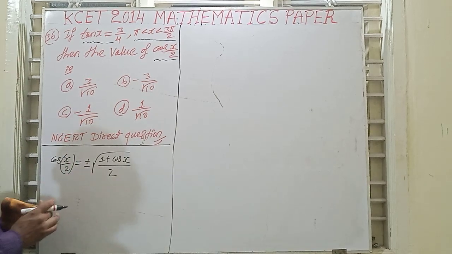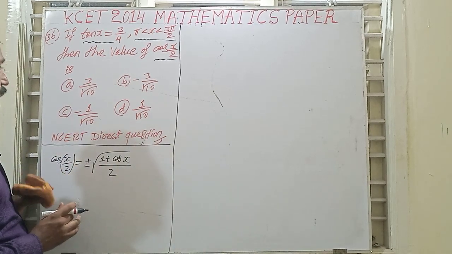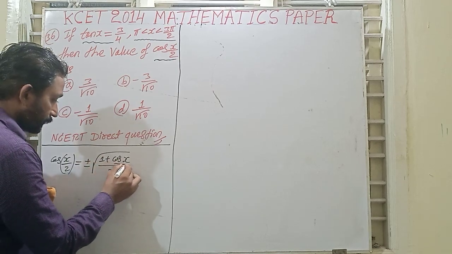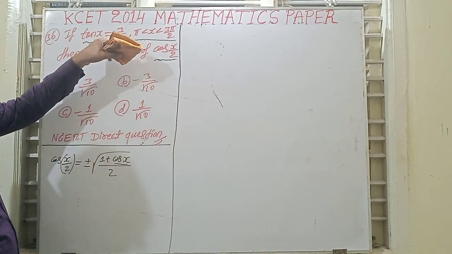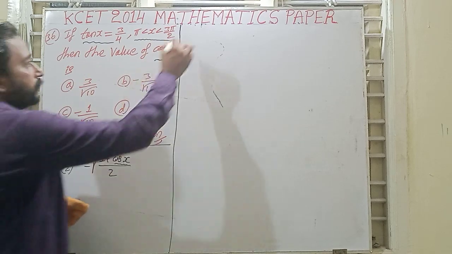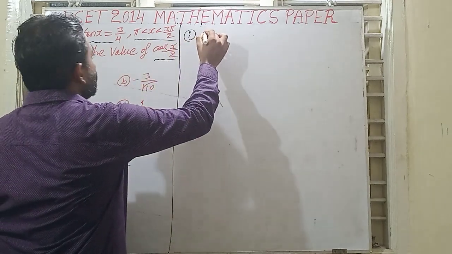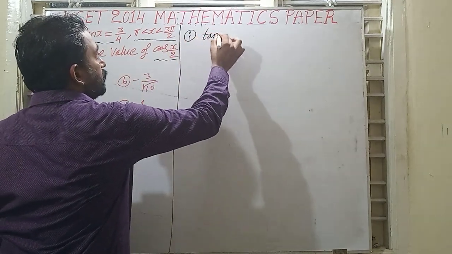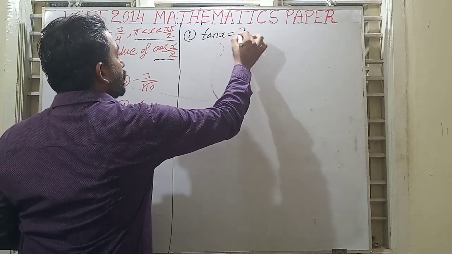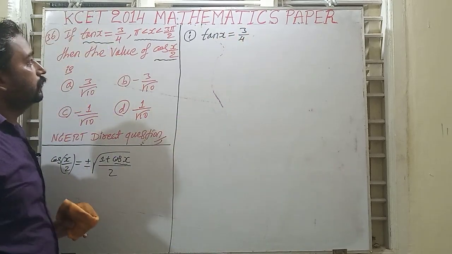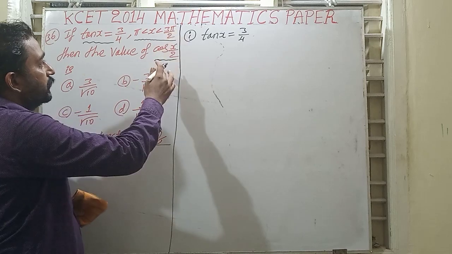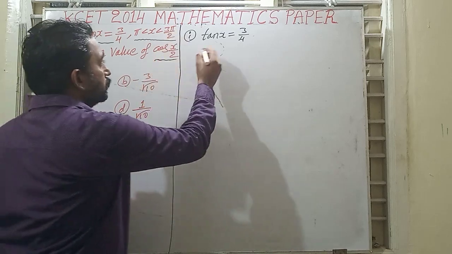So in this case we have to find out cos x by 2. First we find out cos x, okay, using the condition tan x is equal to 3 by 4. So first, given data is tan x is equal to 3 divided by 4. So x lies in pi to 3 pi by 2, third quadrant.